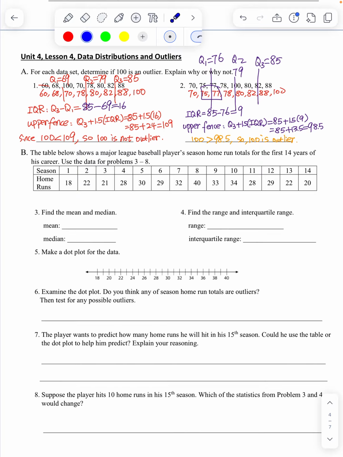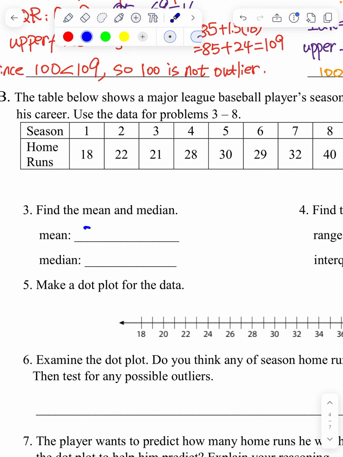This is equal to 386, and then divide by 14. So the mean is 27. I got 27.57.